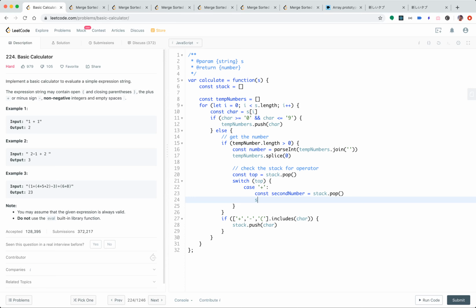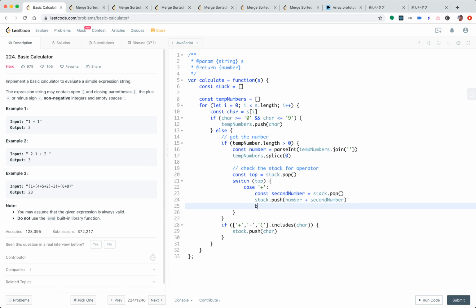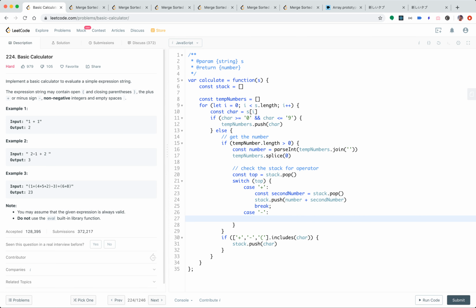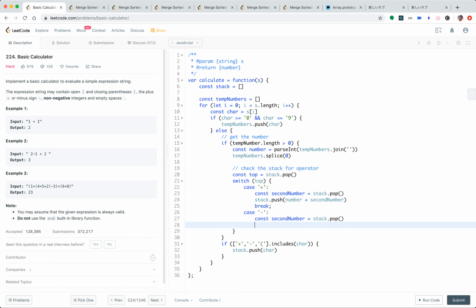And then stack push number plus second number, break. Case minus, pop, break, minus number.